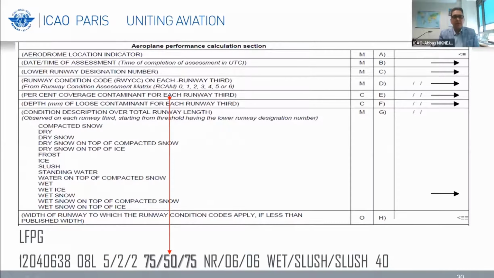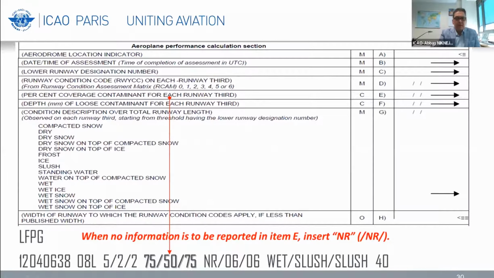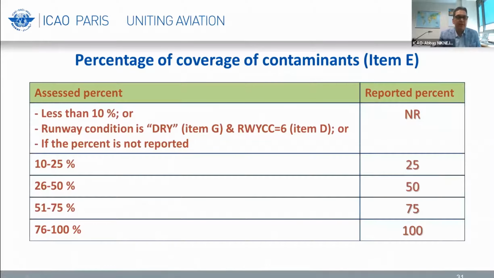Then item E is the percentage of coverage. When no information is to be reported in item E, insert NR. So as you may remember, item E is not mandatory. So if there is no information, put NR. Here you can see, if the contaminant coverage is less than 10%, insert NR.